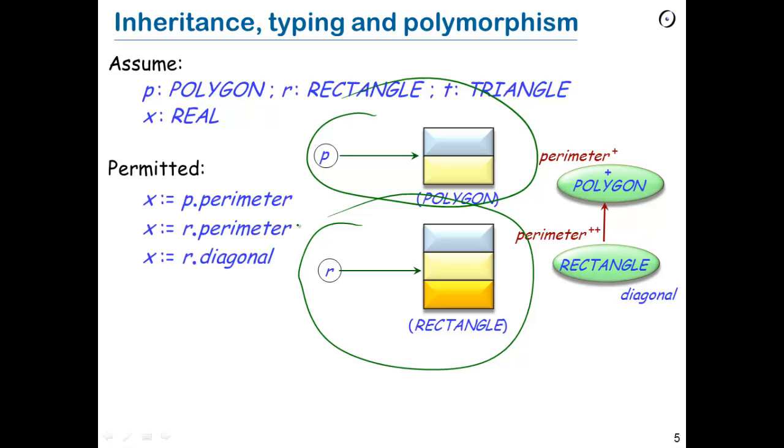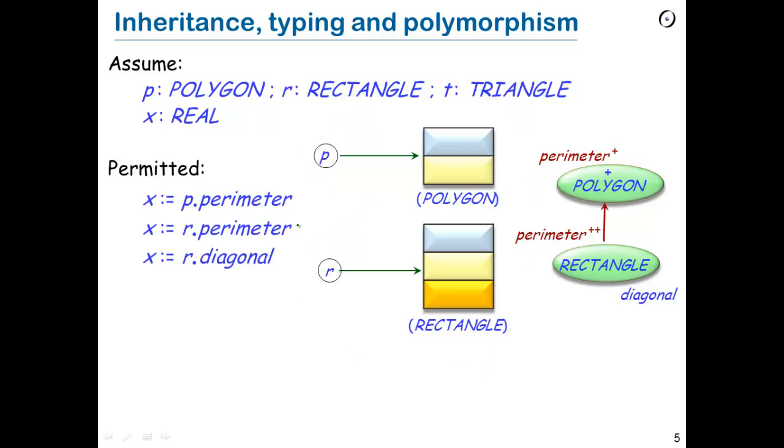So what can we do, and what is the effect, and what may we not do? Well, P dot perimeter, that is definitely possible, since P is of type polygon and polygon has a perimeter feature. R dot perimeter, it's also permitted for the same reason, except that here the version that we're going to use, of course, dynamically at the time of the call is this version, the redefined version in class rectangle.